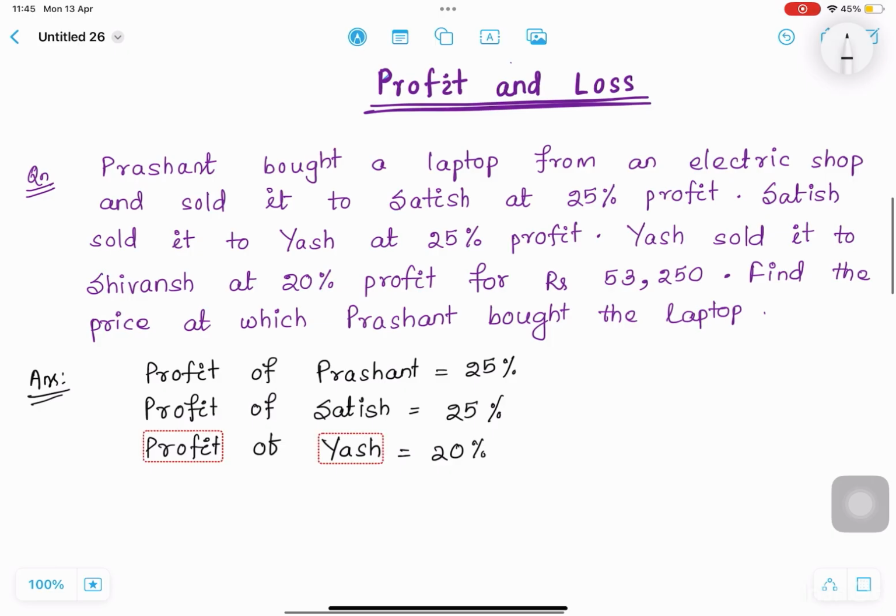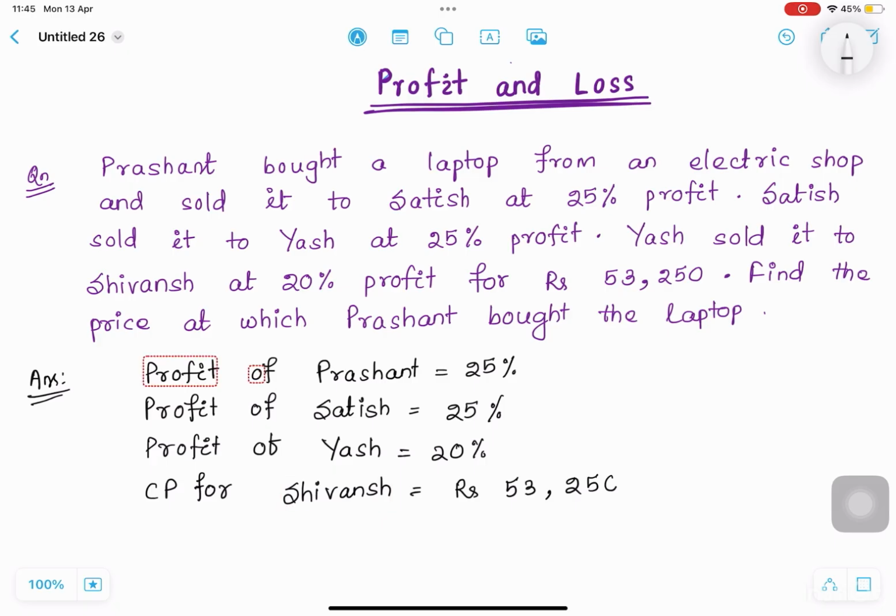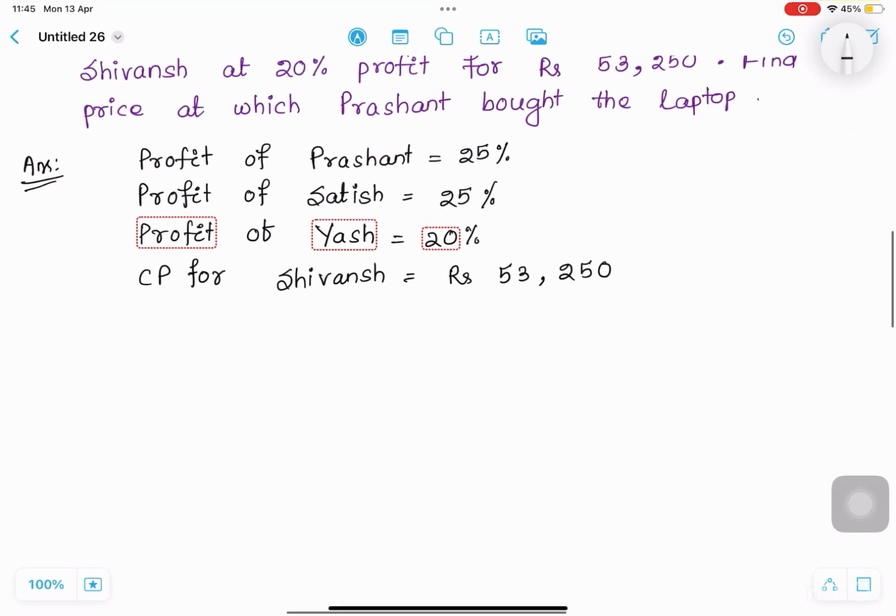Okay. Now the cost price for Sibans, meaning he bought the laptop for 53,250. So the cost price, CP, for Sibans is 53,250. So we have to find the selling price, because the selling price is not 53,250, because Yas is getting a profit of 20%.